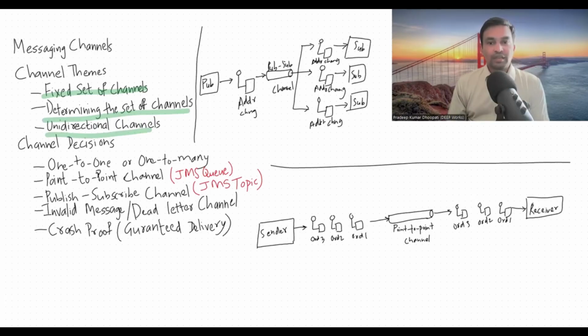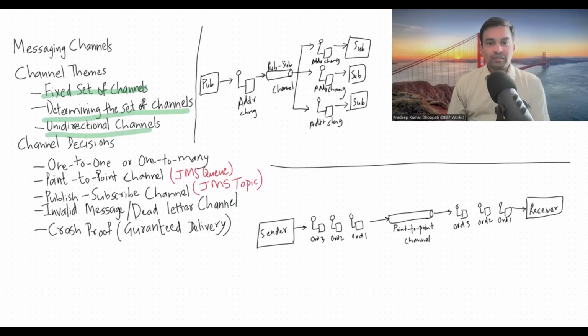We can just think about a channel as a bucket where some application will put the data in and some application will take the data out of that bucket. So there is no direction. Only when one application sends data and another application receives the data, then the direction comes into the picture.